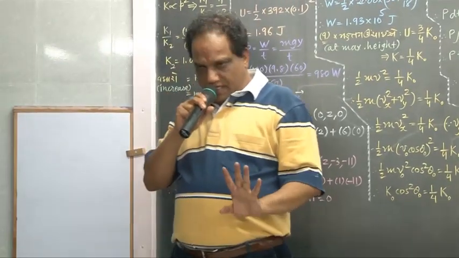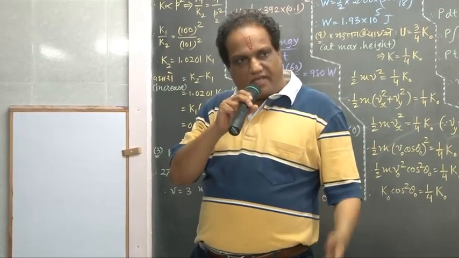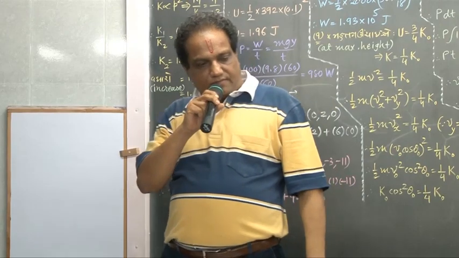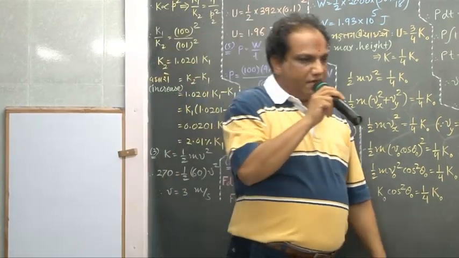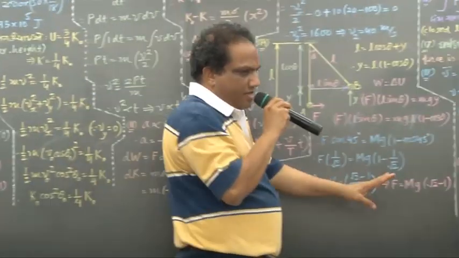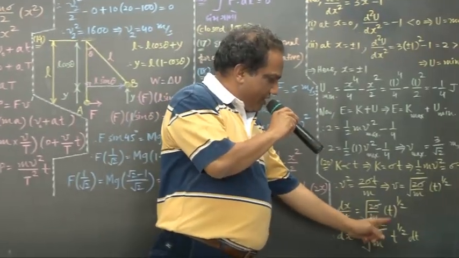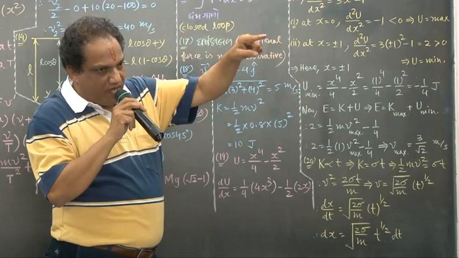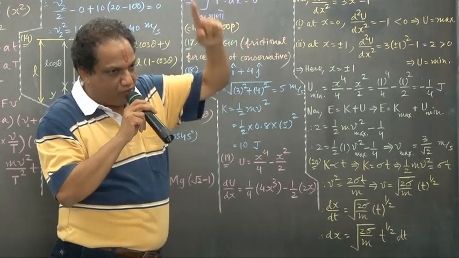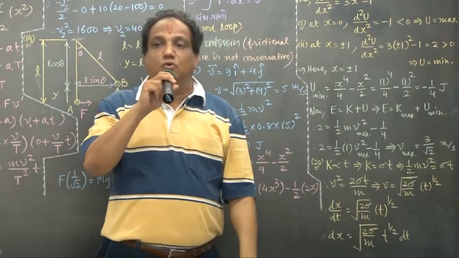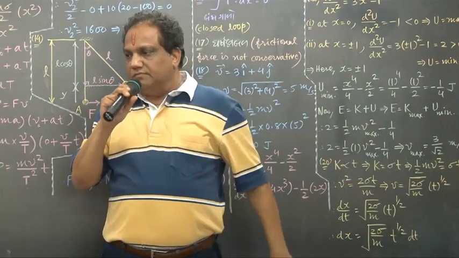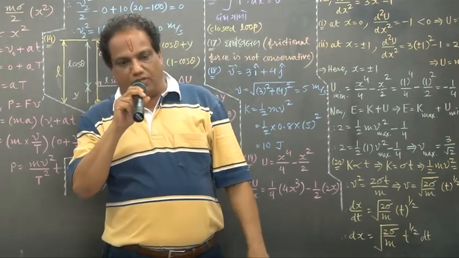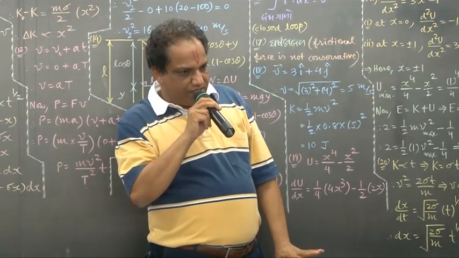Done? Now integration 1 dx means what? x. So write down x on the left side, and that equals under root of 2 sigma upon m as it is, times integration t raised to 1 by 2 dt. It is t raised to 1 by 2 plus 1 upon 1 by 2 plus 1, that is t raised to 3 by 2 upon 3 by 2. Got it?